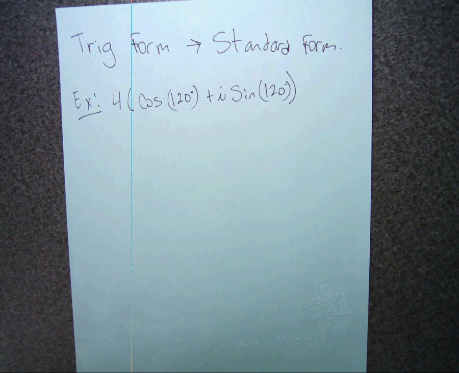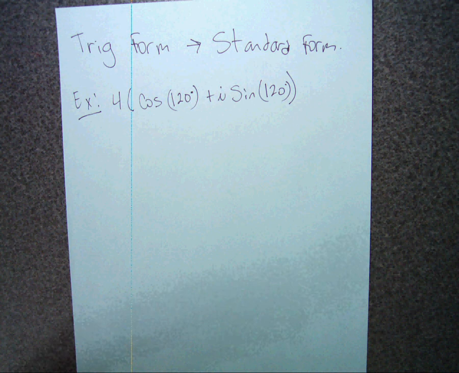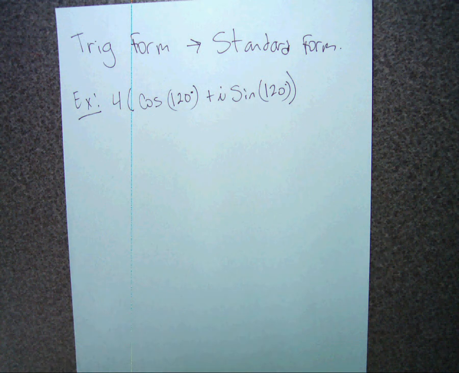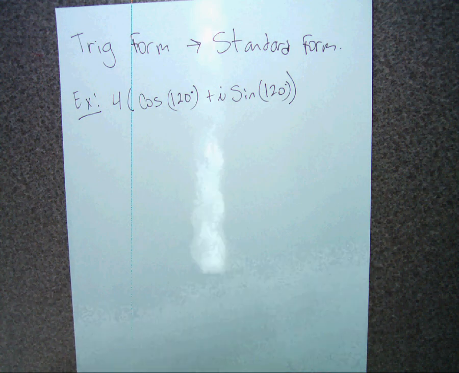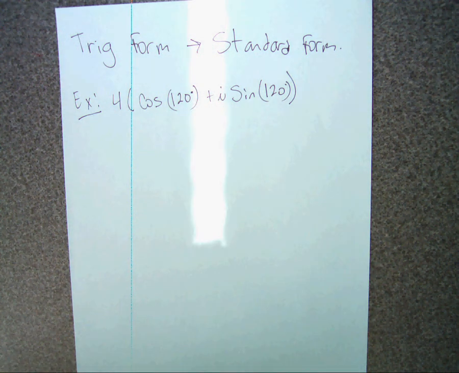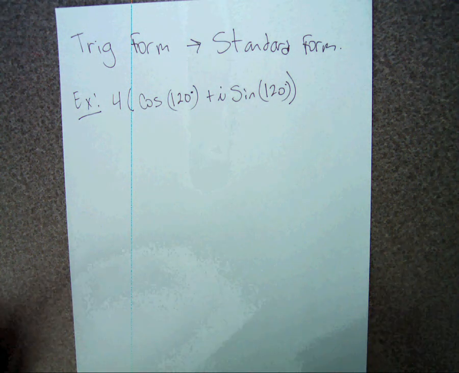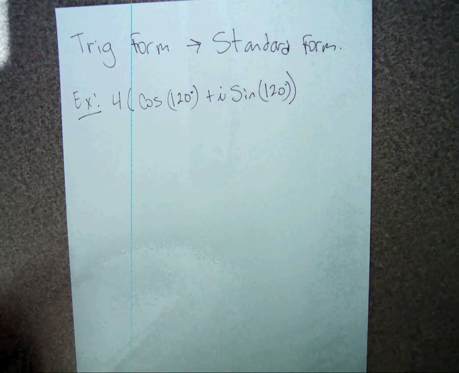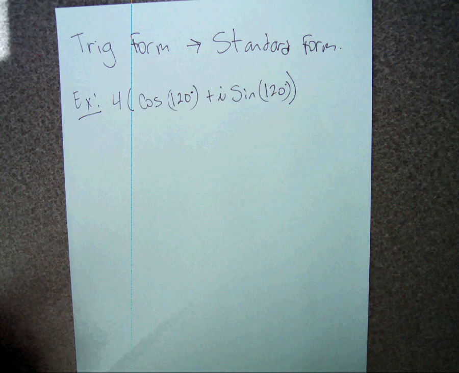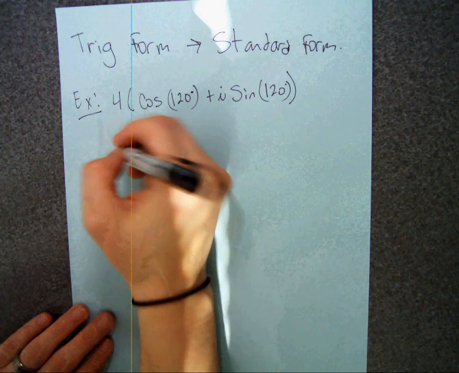That unit circle. 120 is a value on the unit circle, so we should be able to give an exact answer. Cosine of 120 degrees is negative 1/2. So I'll have 4 times negative 1/2 plus sine of 120 degrees, square root of 3 over 2.